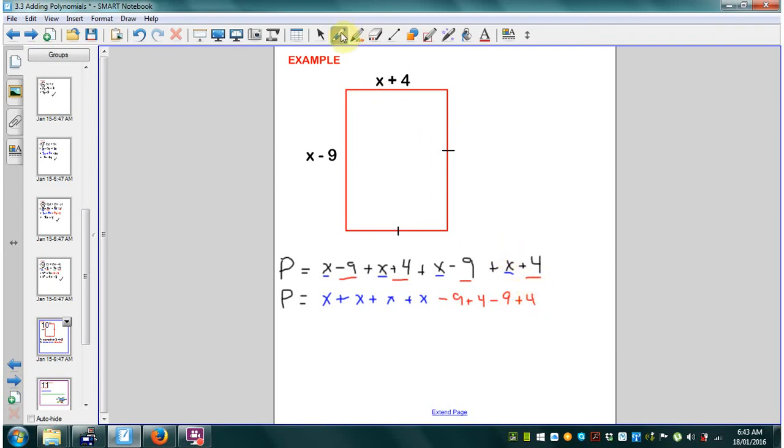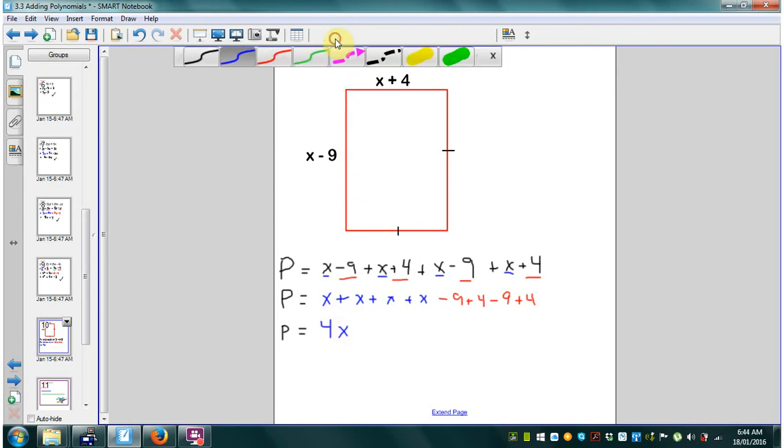Okay, and now we're good to put some more things together. So our perimeter equals, put our blue terms together, 1x plus 1x plus 1x plus 1x, we have 4x.